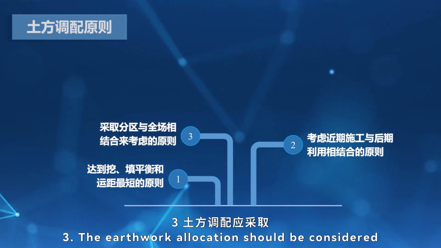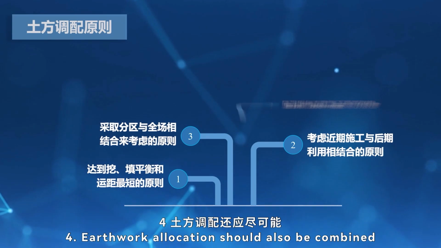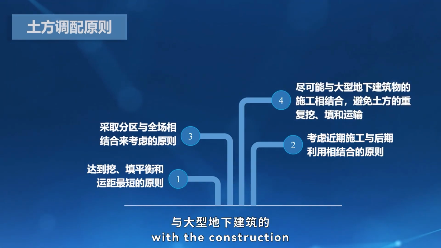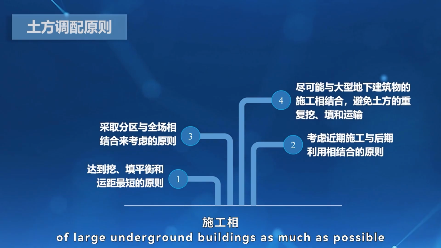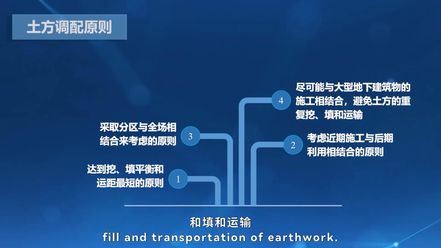The earthwork allocation should be considered by the principle of combining zoning with the whole site. 4. Earthwork allocation should also be combined with the construction of large underground buildings as much as possible to avoid repeated cut, fill, and transportation of earthwork.